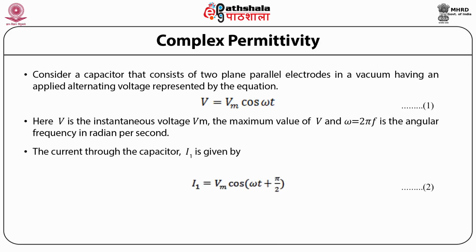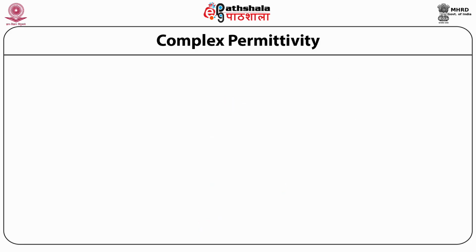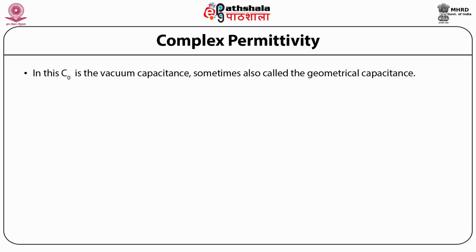The current through the capacitor I1 is given by I1 = Im cos(omega t + pi/2), where Im = Vm/Z = omega C0 Vm. In this case, C0 is the vacuum capacitance, sometimes also called the geometrical capacitance.